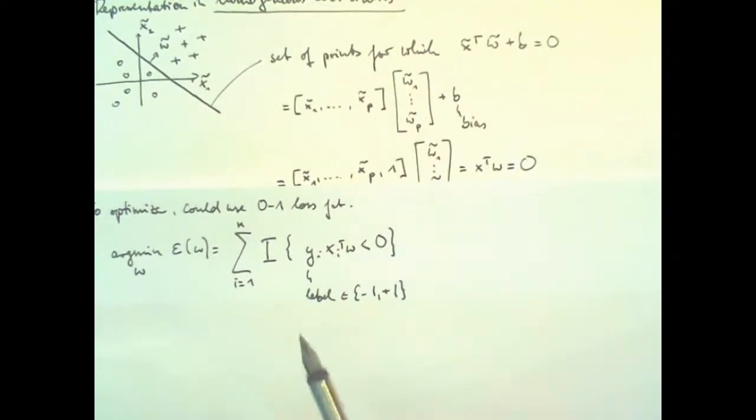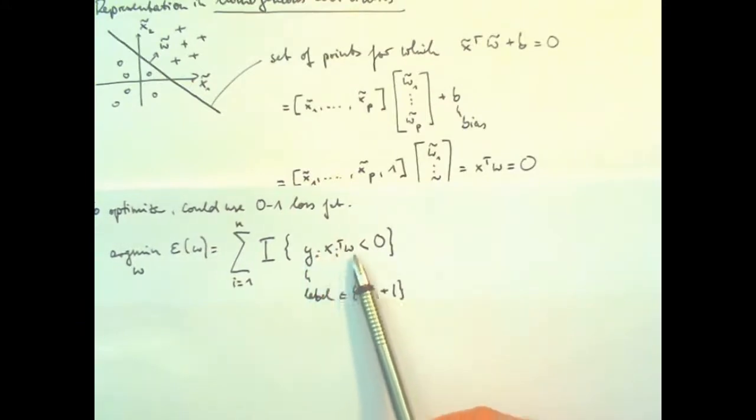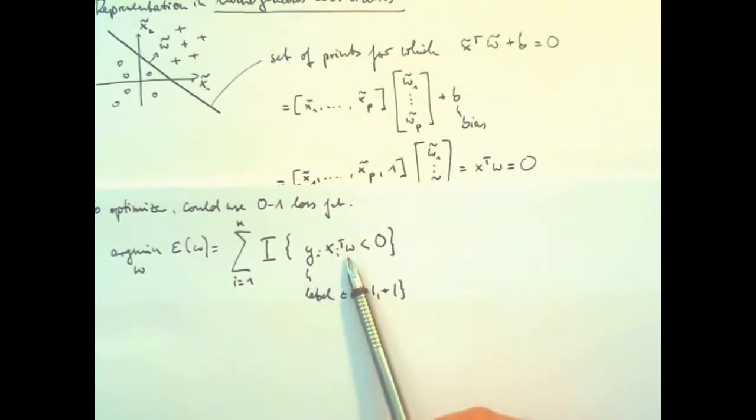So let's say if a sample belongs to class +1, I would want this product x transpose w to be larger than 0. So I want the positive class to be in the direction in which the normal vector is pointing.